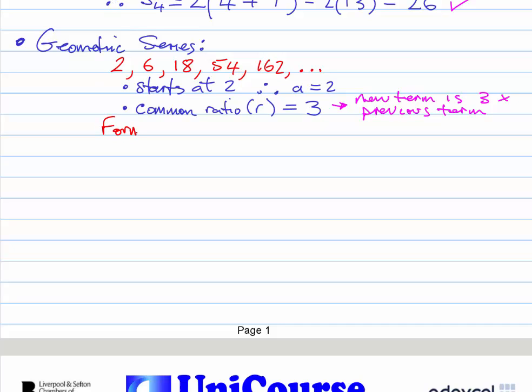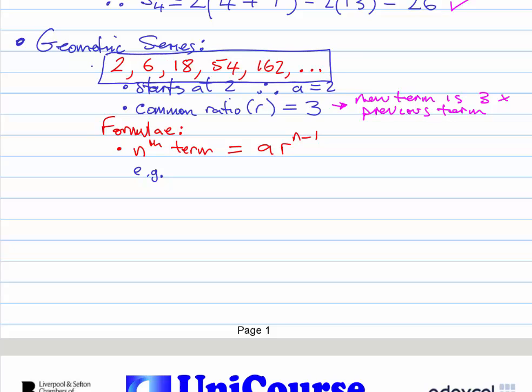Let's see if we can look at some formulae then for geometric series. And the first one we'll look at predictably is what is the nth term. So we need a formula for the nth term. And again, it's given in your workbook. We'll reproduce it here. A R to the n minus 1. Let's do an example use of that. That's the series we're interested in. Let's concentrate on possibly finding the fourth term.